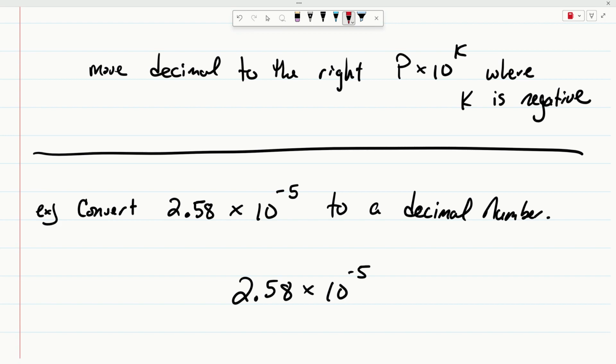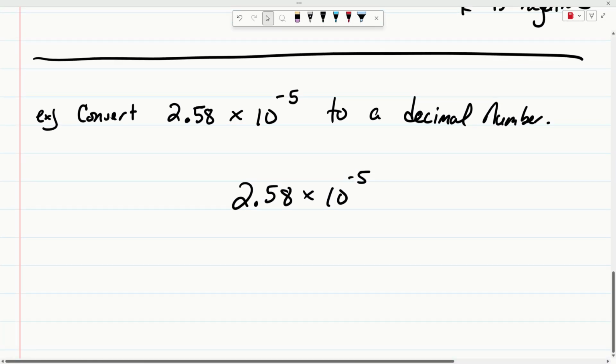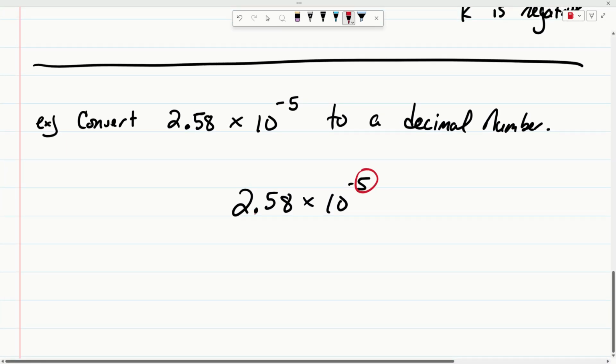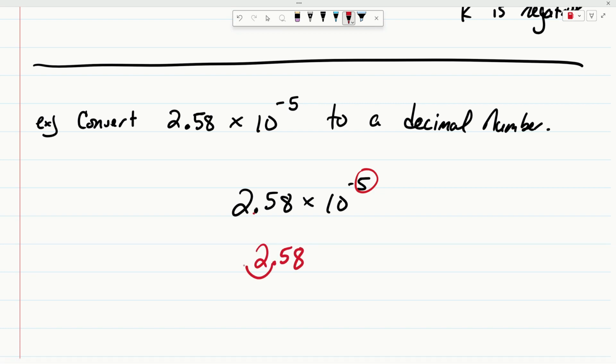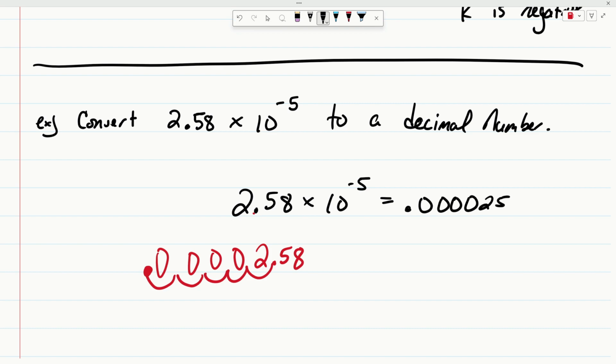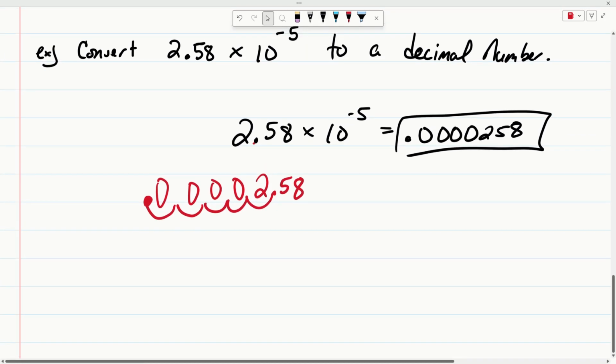So what I'm going to do is the exact opposite. I'm going to move this to the left 5 spots. So 2.58, 1, 2, 3, 4, 5. Here's my decimal, and I fill in with zeros. So 2.58 times 10 to the negative 5 is the same exact number as 0.0000258.